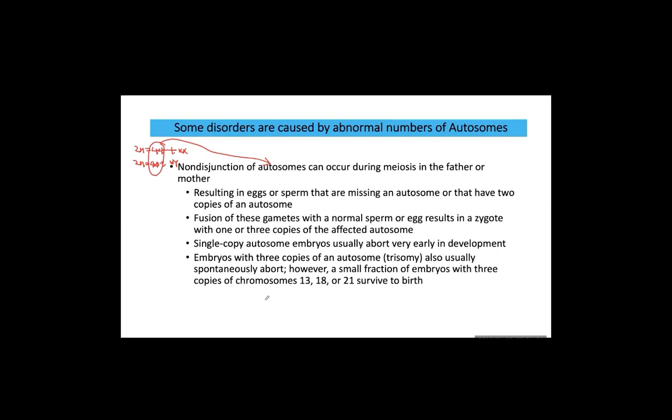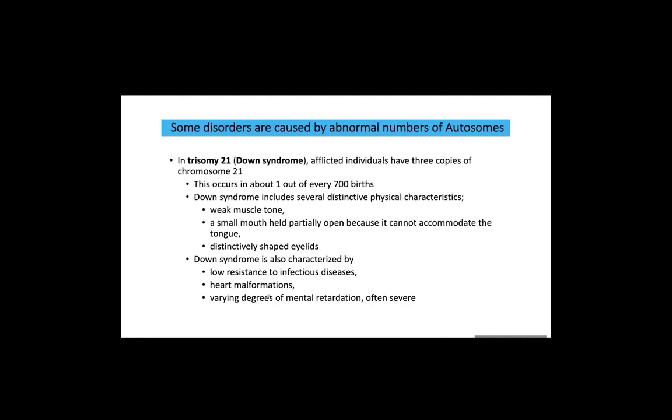Fusions of these gametes with a normal sperm or egg result in a zygote with 1 or 3 copies of an affected autosome. So, for example, trisomy 21, in other words, Down syndrome. Down syndrome has 3 copies of chromosome 21.